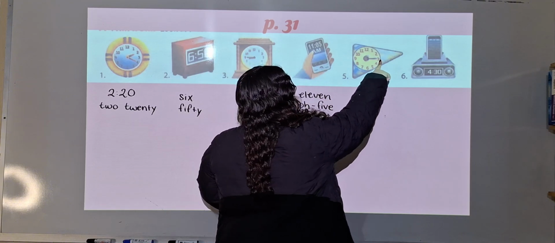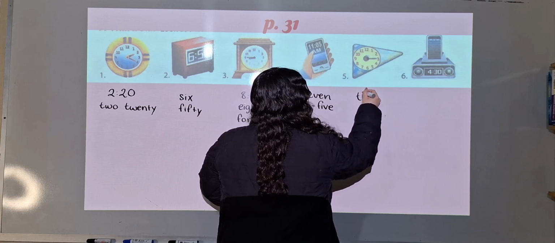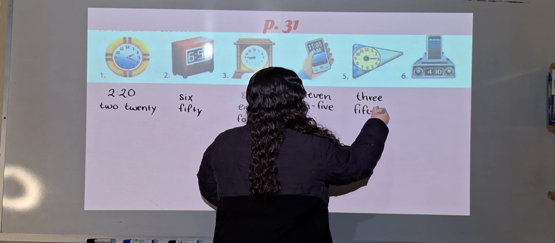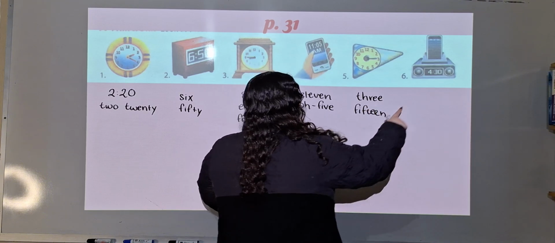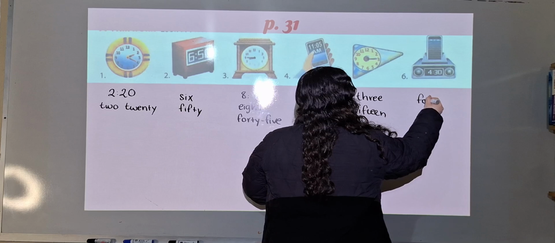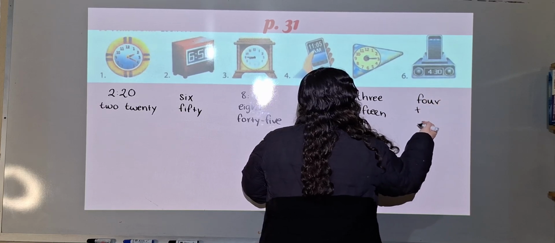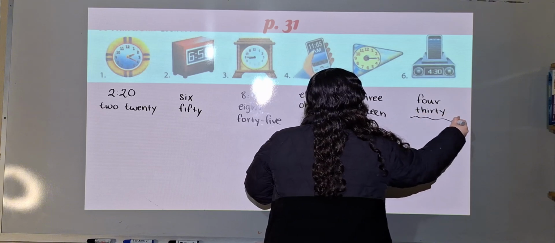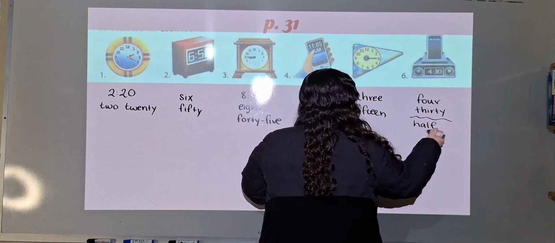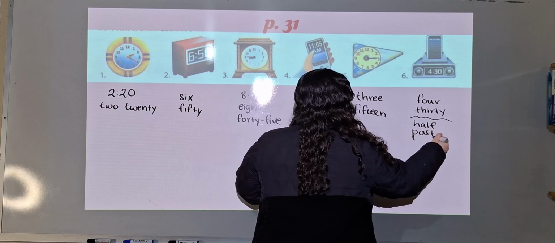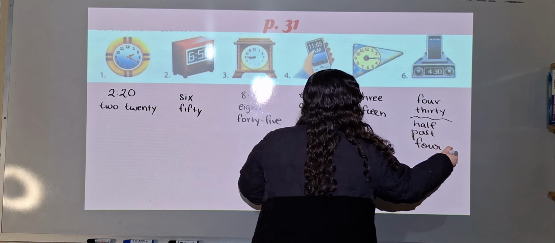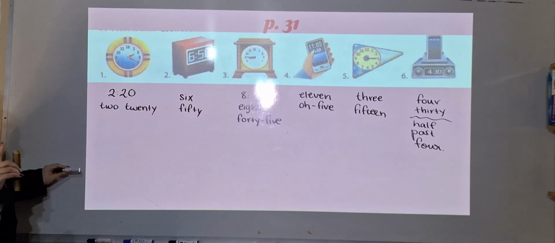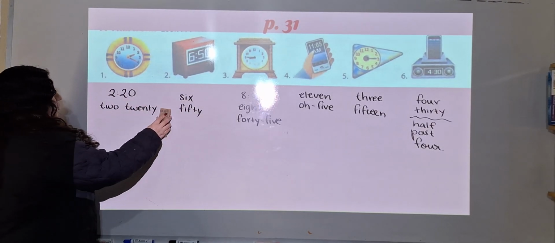Then we have the 3:15 mark. And lastly, we have 4:30, or we can refer to it as half past 4. All right, so this is on page 31. You can practice on your book.